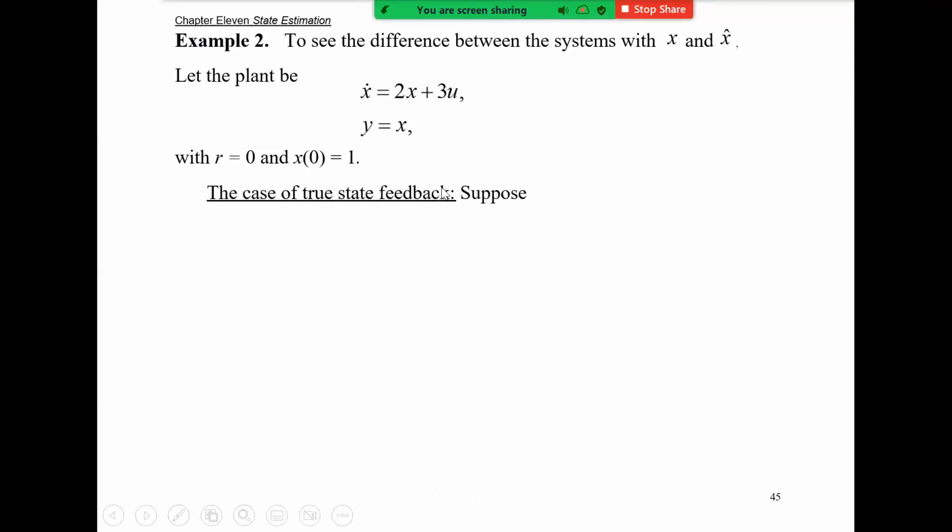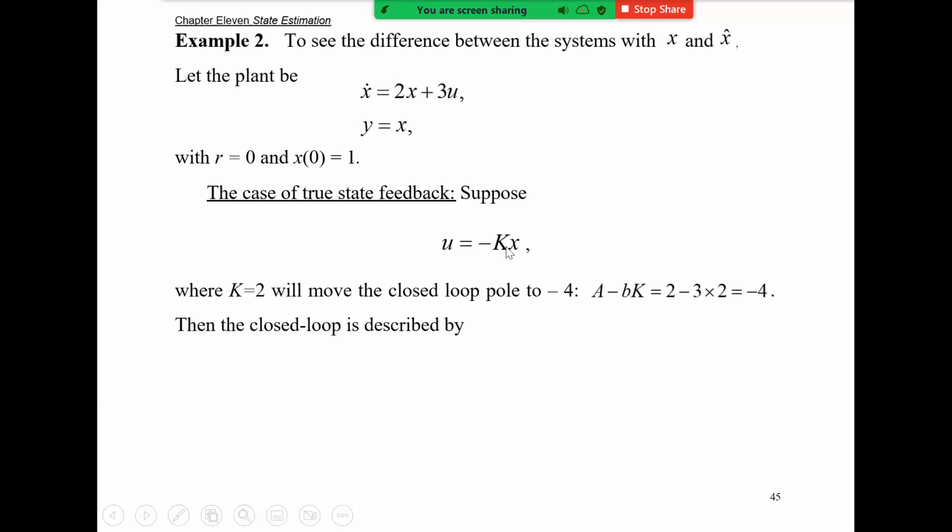If we use the true state feedback, let's see what happens. Remember, this original open loop system is unstable; you have a pole at two. We have to use feedback to stabilize it. A simple choice is u equals minus 2x.